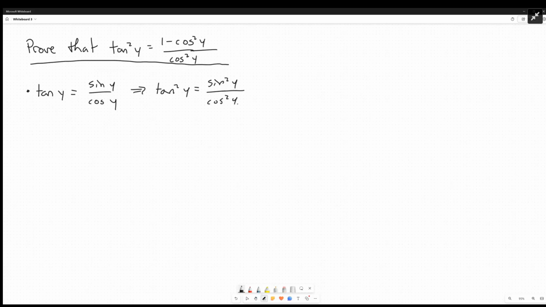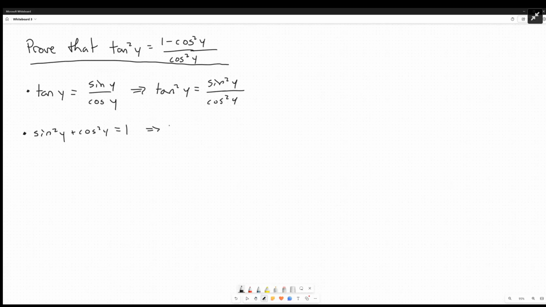Well, we have the cosine squared in the denominator like we want in the equation in the problem. Now we need to see if we can do something with that sine squared. And this is going to use probably the most important trig identity you should know, which is sine squared of y plus cosine squared of y equals 1.